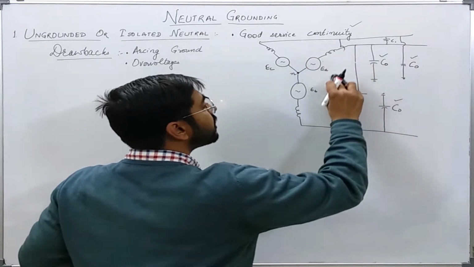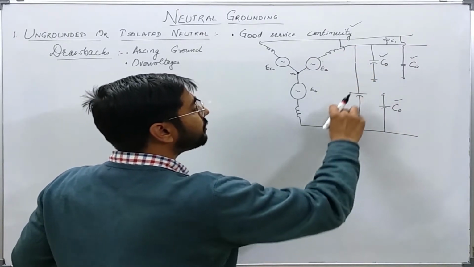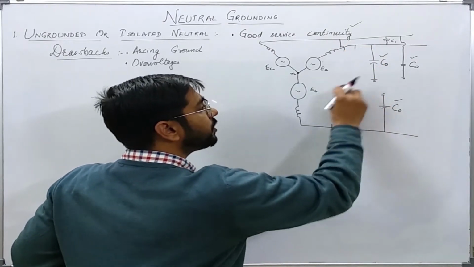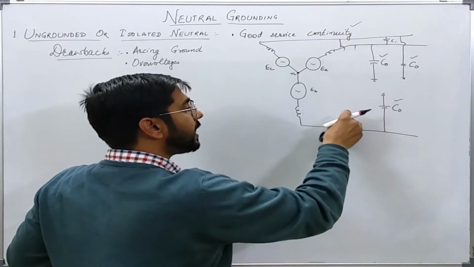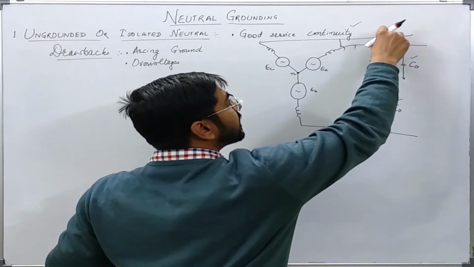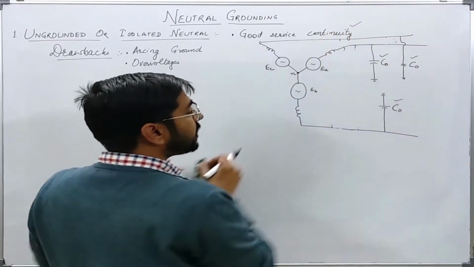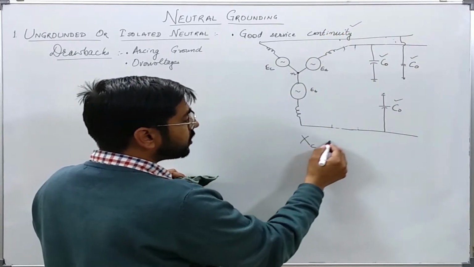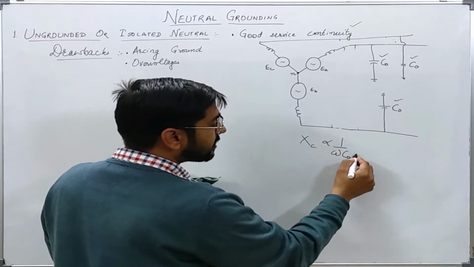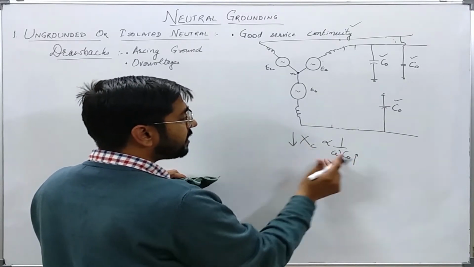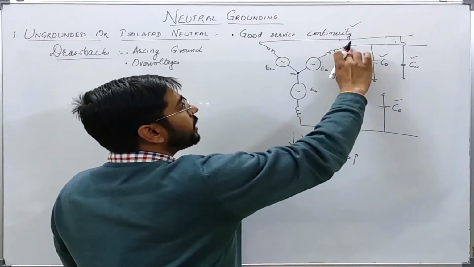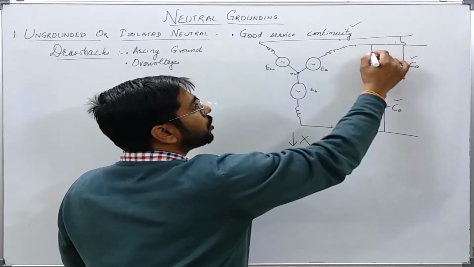Even if there is no direct path visible in the system to the ground, due to the increase in capacitance or the decrease in capacitive reactance, you see that capacitive reactance is inversely proportional to the capacitance. So if we increase this, the reactance will get reduced, and since this is in shunt, it will give a low impedance path to the flow of current.